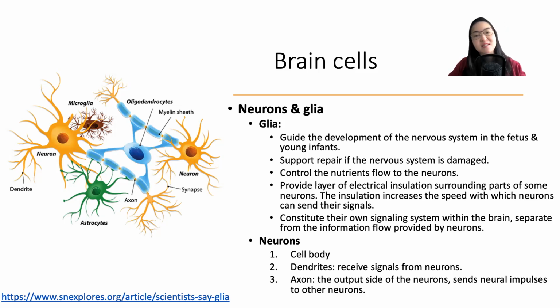Let's talk about neurons now. Neurons have three parts: the cell body, dendrites, and axon. You can also see the picture here on the left-hand side. You can see dendrite, neuron, microglia, oligodendrocytes, myelin sheath, synapse, axon, and astrocytes.